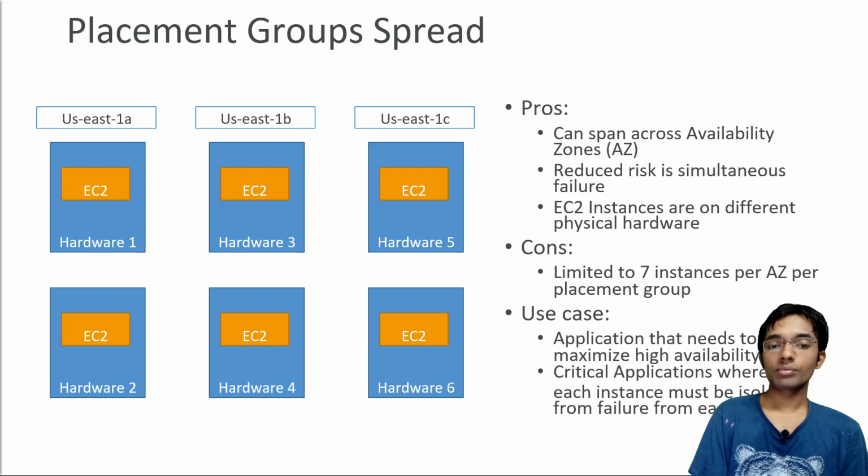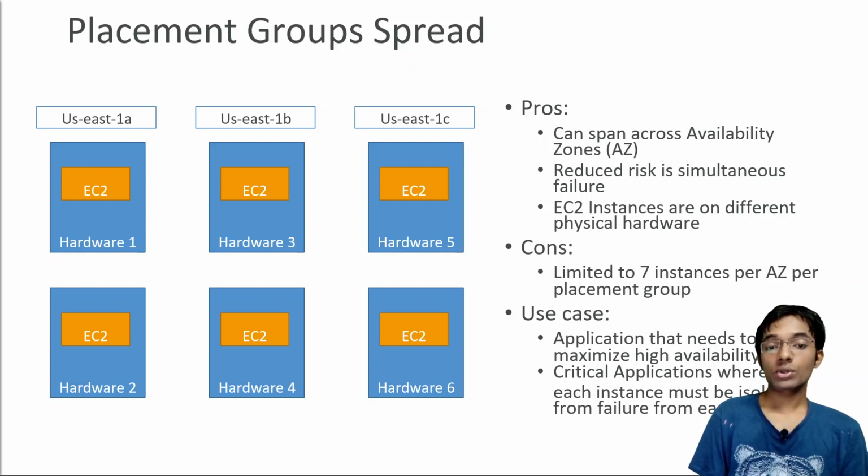Now spread: here it looks like we have different hardware across different availability zones. It is shown here as us-east-1a, 1b, 1c, and different EC2 instances on different hardware. Each EC2 instance will be placed on different hardware, up to 7 EC2 instances per AZ, that's the limit, and that gives us some good pros.